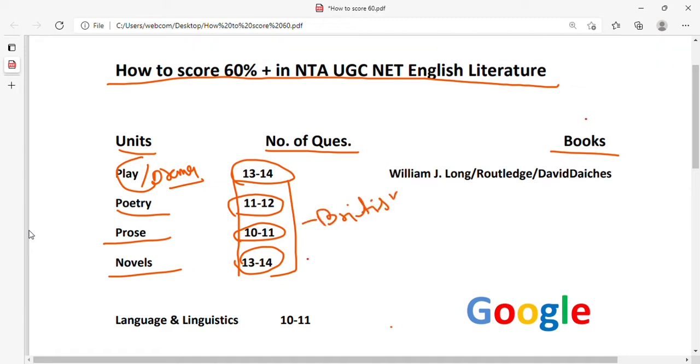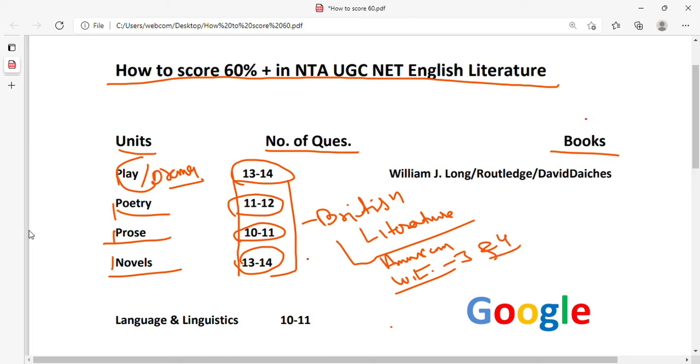Now, the thing is, 50% of questions are coming only from British literature. But in these units, questions are also coming from American literature, or we can say world literature, 3 to 4 questions only, not more than that.